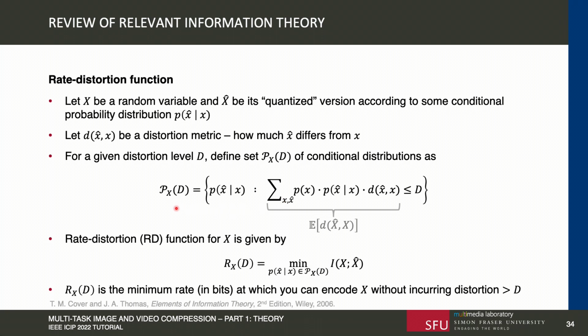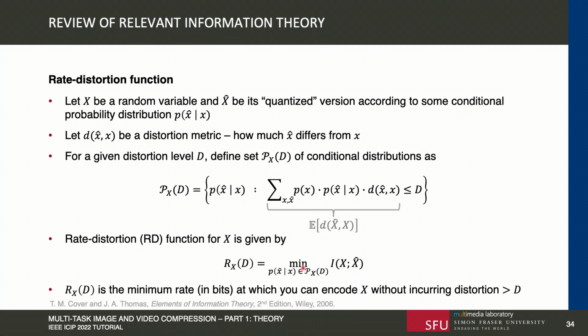Once the set of feasible quantizers is defined, the rate distortion function at the distortion level d is given by the minimum, over all the feasible quantizers for that distortion level, of the mutual information between x and x hat.